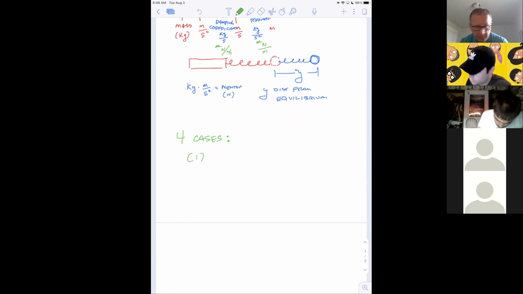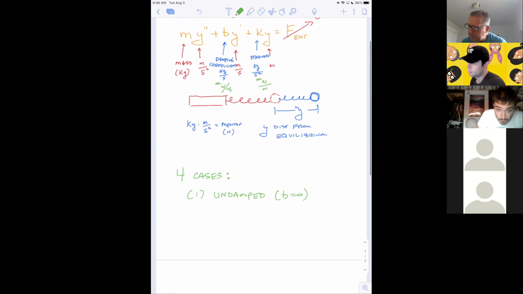Case one is what is called undamped. Undamped is where B is 0. Does that make sense why B would be 0? Well, I did say B was the damping coefficient, didn't I? And this says undamped. So it's like no B.